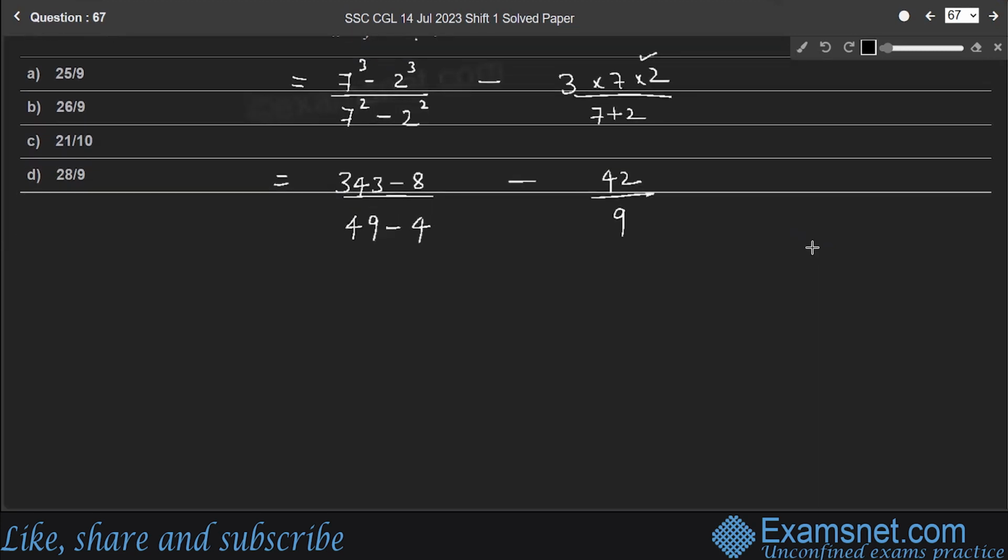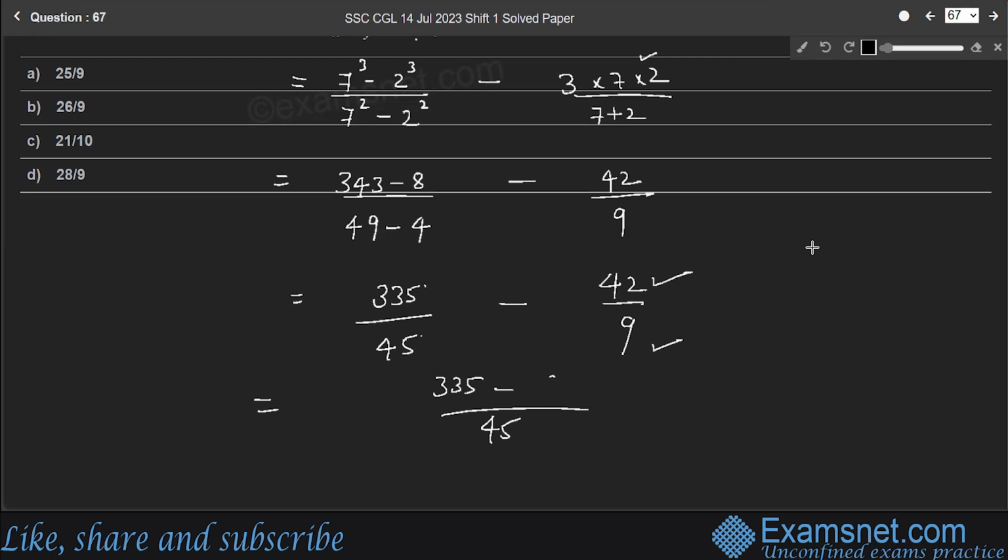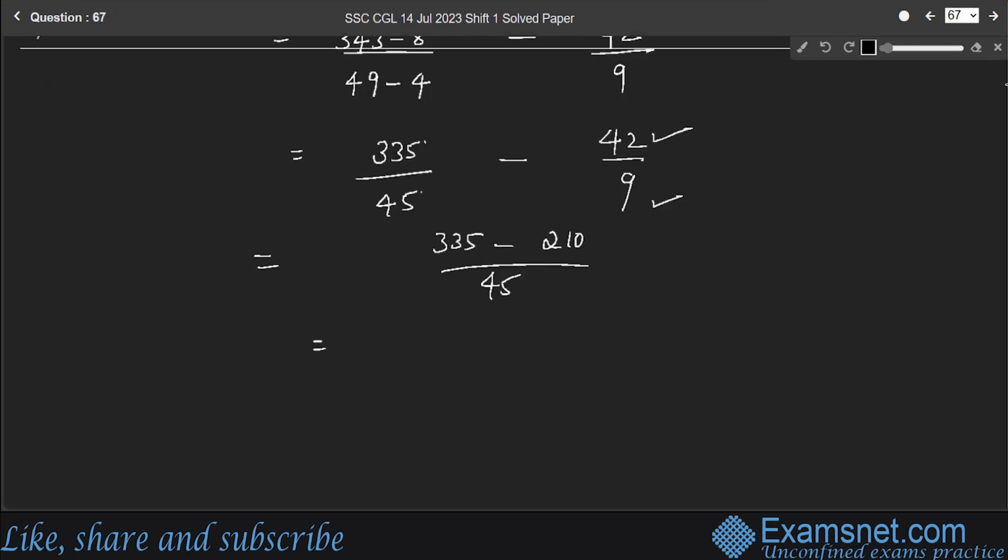So 343 minus 8 is 335, divided by 45, minus 42 by 9. Here 45 is the LCM. So the numerator becomes 335 minus 9 into 5 is 45, therefore 42 into 5, which is 210. 335 minus 210.